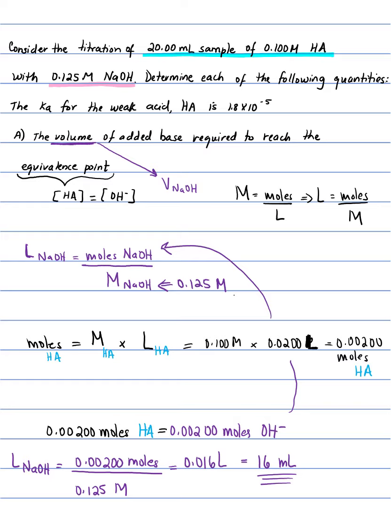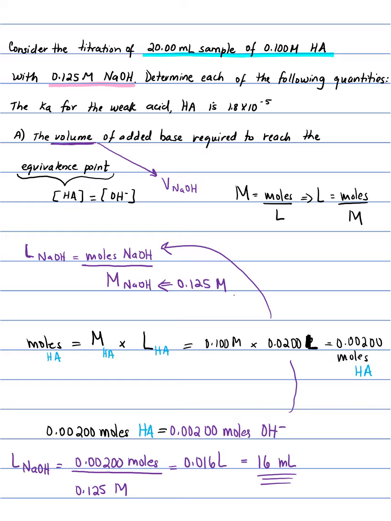So what that volume is telling you is, when you're titrating your 20 milliliters of your weak acid with a concentration of 0.1, what you have is 0.002 moles of the acid in your sample. To reach the equivalence point in your titration, you need to use 16 milliliters of that solution of sodium hydroxide with a concentration of 0.125 molar.